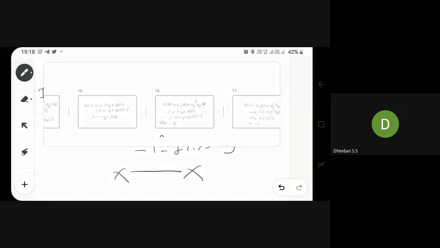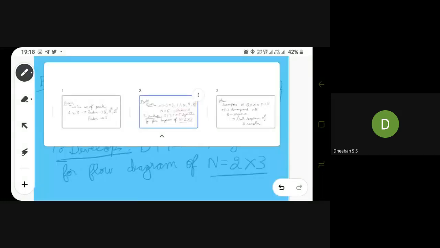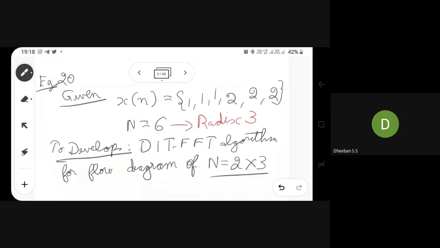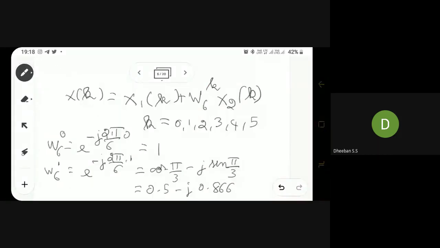In the last two lectures, I have just covered your butterfly diagram. In this part, this is the meaning of your butterfly diagram, the theoretical part. And how we are getting the samples of each and every part of the butterfly diagram is shown over here.